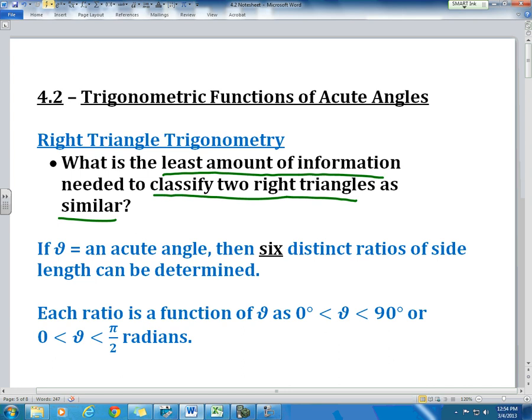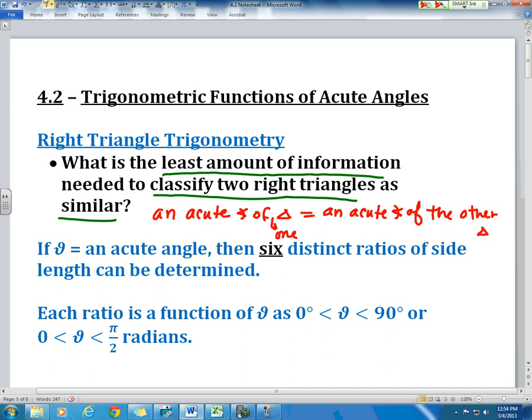If you think about that a little bit, the least amount of information that we would need would be information about an acute angle of one triangle equal to an acute angle of the other triangle.